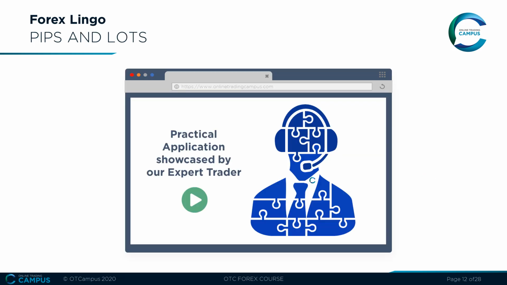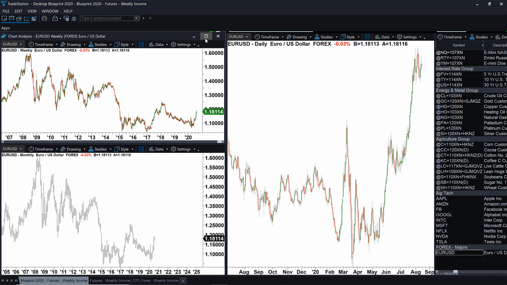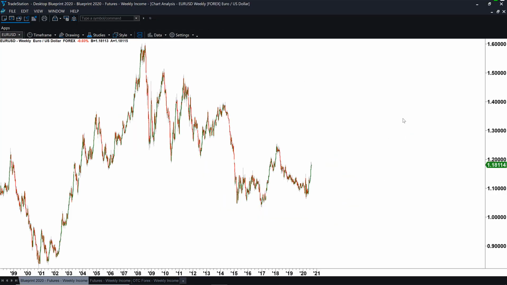Alright everyone, let's go through a little bit of a practical application to really drive home pips, pip values, and potentially also lots and how we put it all together. So let's first look at the Euro USD chart and really try to understand, first of all, pips, okay?